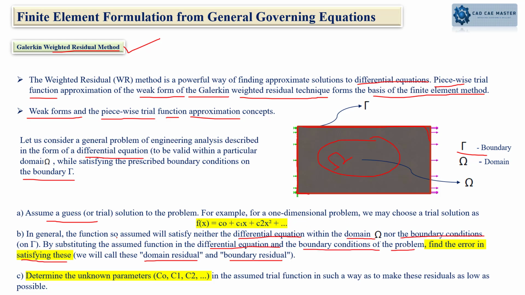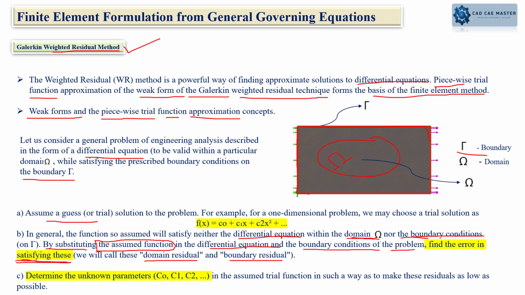Whatever this function is, it won't satisfy the differential equations and the boundary condition. So what we do here is substitute the assumed function, that is the weighting factor as we call it, to find out the error.